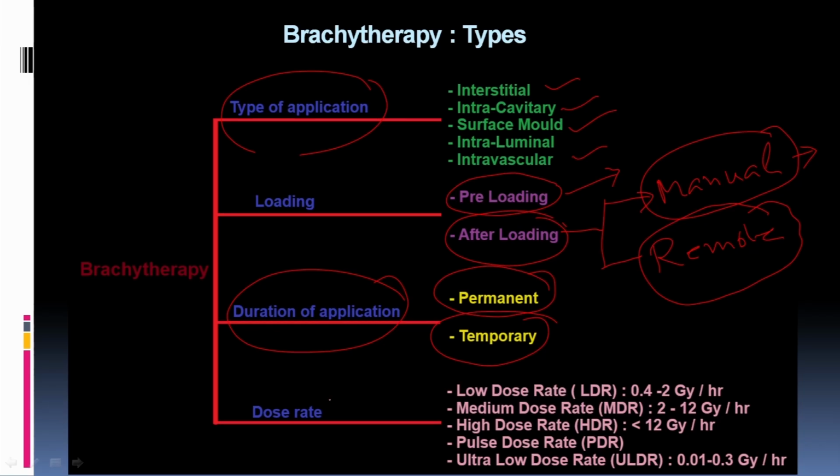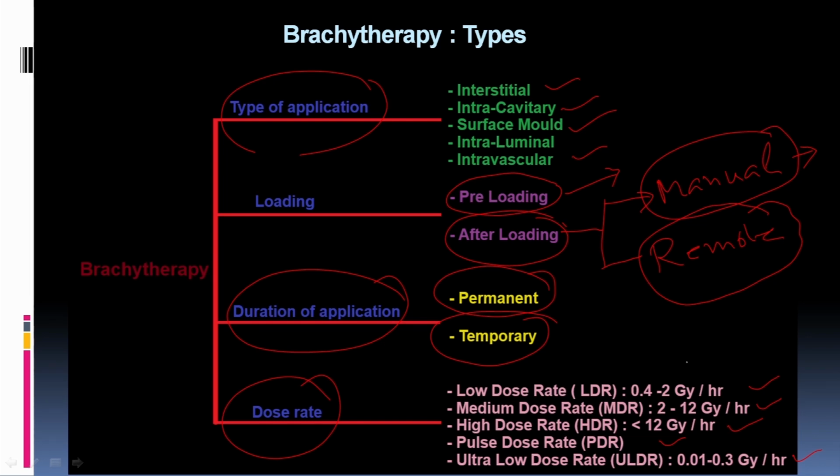Now, if we consider the dose rate, brachytherapy can be subcategorized as low dose rate, medium dose rate, high dose rate, pulse dose rate and ultra low dose rate. These are the five categories by which we can subcategorize brachytherapy applications.